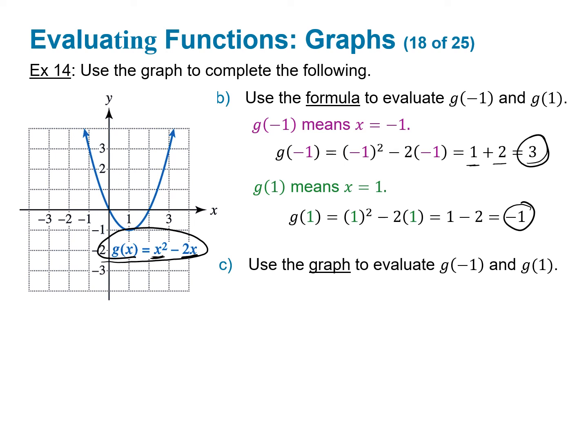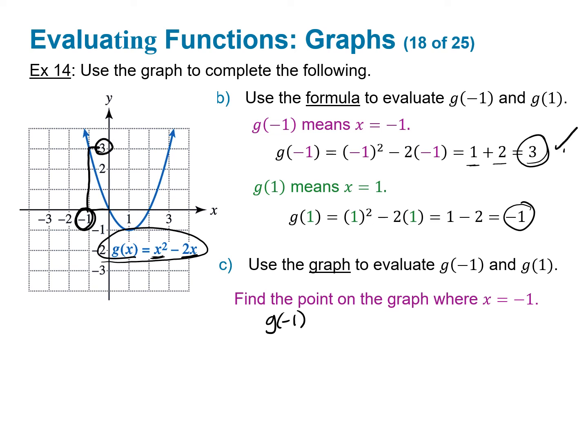Now we're going to use the graph to verify this. So you find the point where x is negative 1. So when we find g of negative 1, x is negative 1 right here. And you go find where the y value is. Boom, it's at 3. And that would make sense.